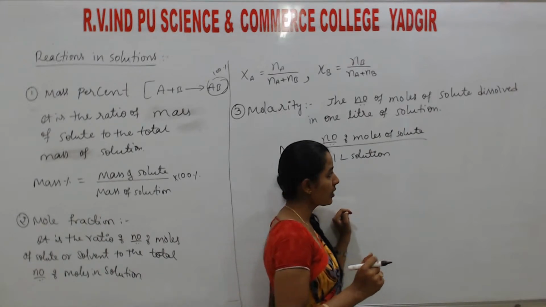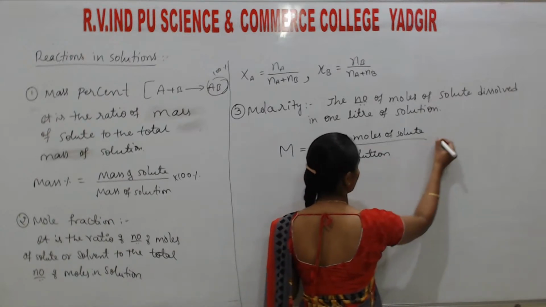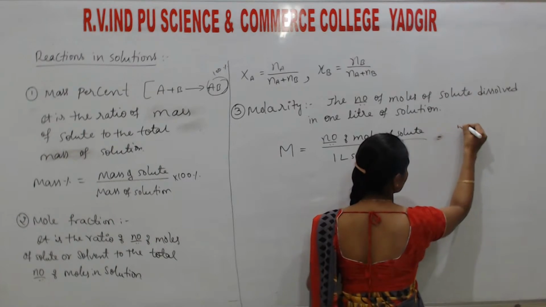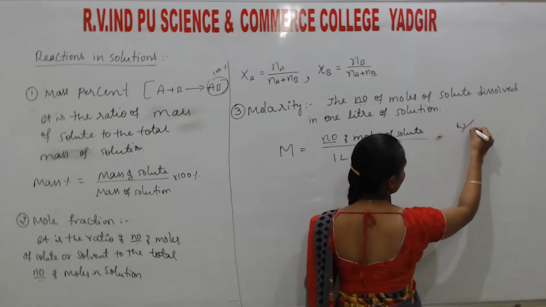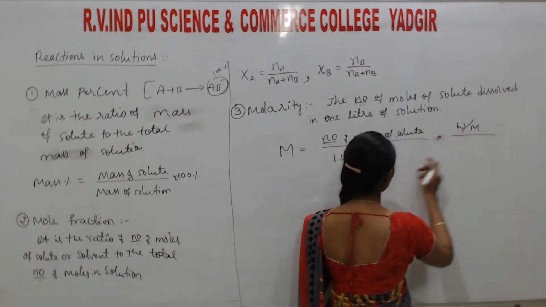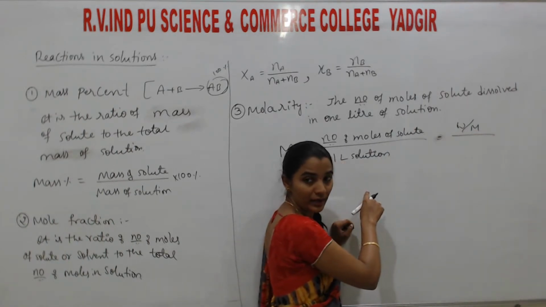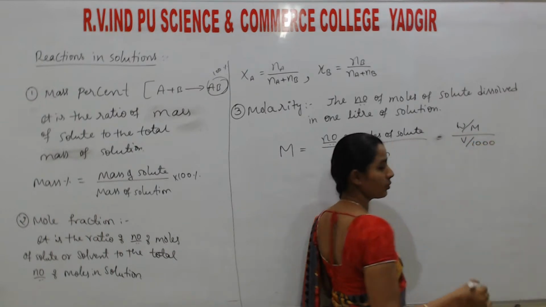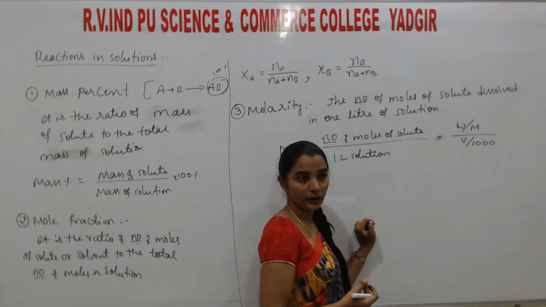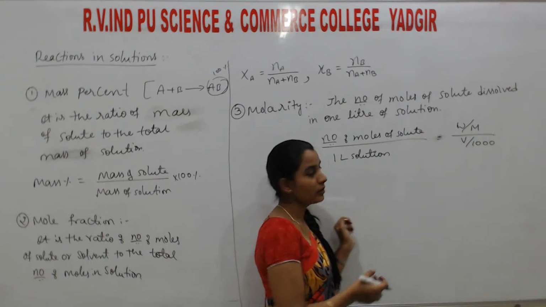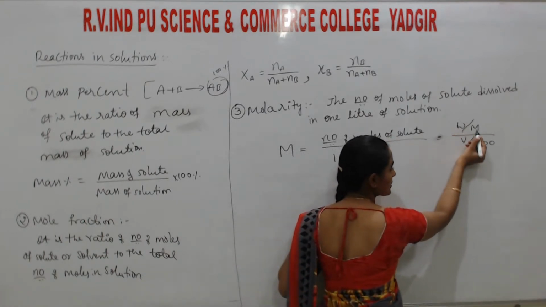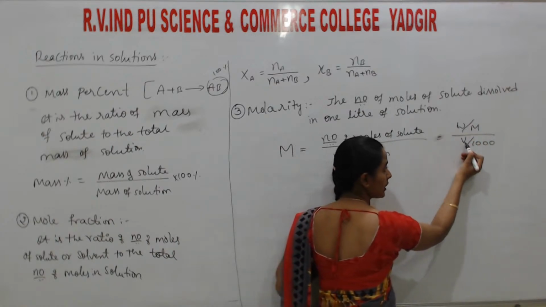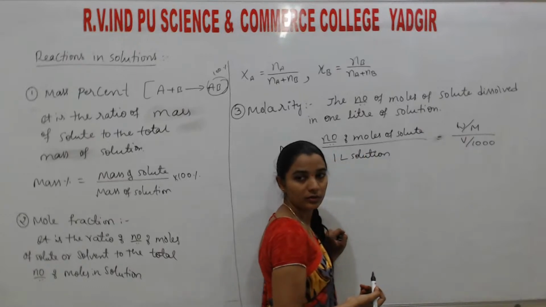Right? I take given mass like W, molecular mass like M, divided by volume in liter. If any volume is there, it is divided by 1000, then it is converted into liter. Are you getting? Number of moles means given mass by molecular mass. 1 liter of a solution means given volume divided by 1000 to the liter.